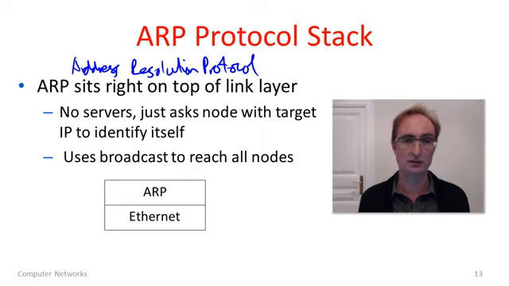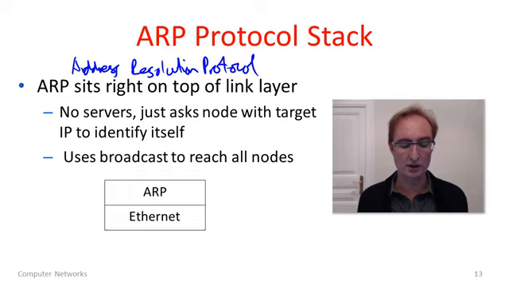There are no servers involved here, so it's actually different than DHCP. Instead, since ARP by definition is going to help us send a frame to a node on the local network, we're going to essentially interrogate everyone on the local network and ask the person who has the right address, who we're trying to talk to, to just chime up and tell us what their Ethernet address is.